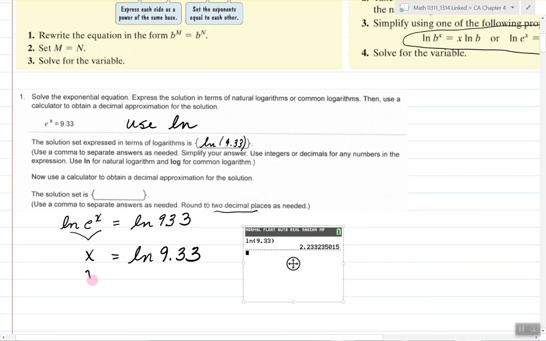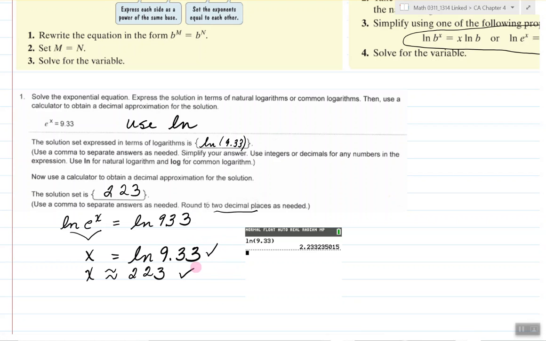And my answer, x, is approximately 2.23. So I write this answer, it's in log form, and I write this answer, which is a decimal approximation.